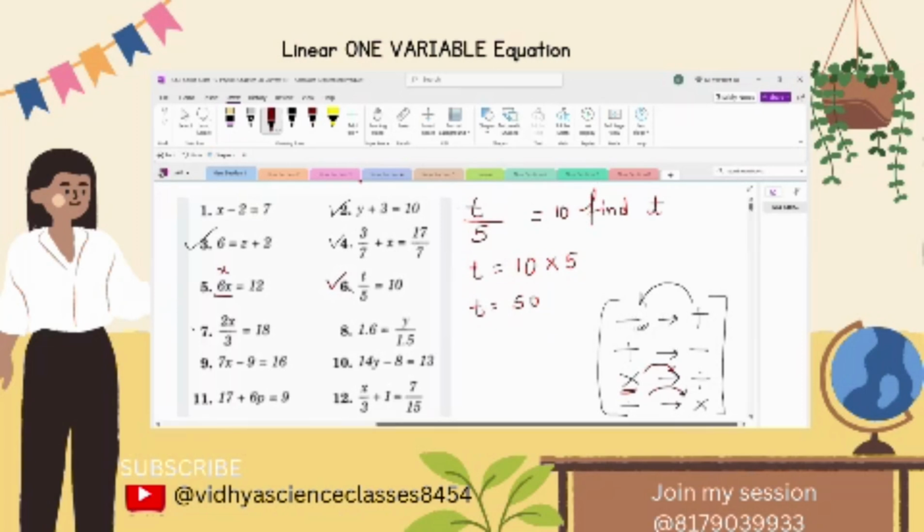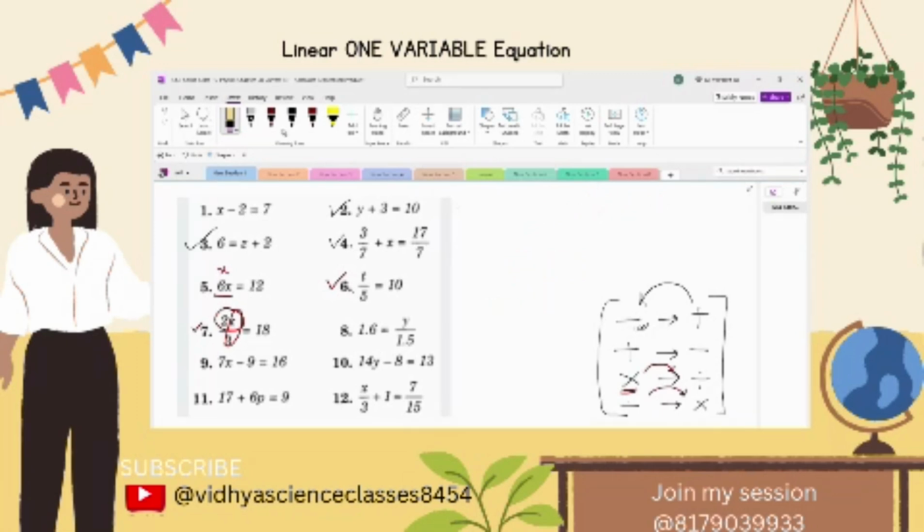Let's have question number 7. Here both things are happening. Here 2 is multiplied by x also. x is divided by 3 also. Two things are happening. Right? So let's do question number 7. Give me a second.